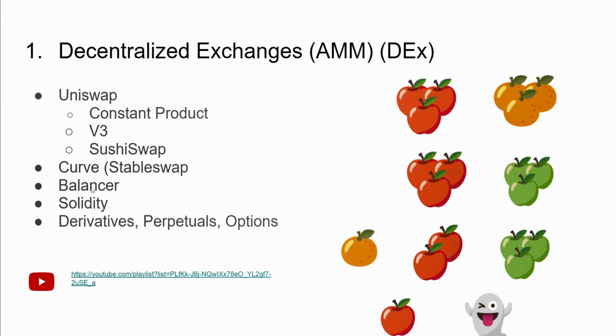Okay, then came Balancer. Balancer's another DEX or AMM that allows for the trading of many different types. So Uniswap only allows 2 tokens, okay? But Balancer allows for 3, 4, 5 tokens. And the more tokens you put in there, the less of a percentage of that pool is owned by each token. So as you look in here, let's say there are 3 apples, 2 red apples and 1 orange apple.